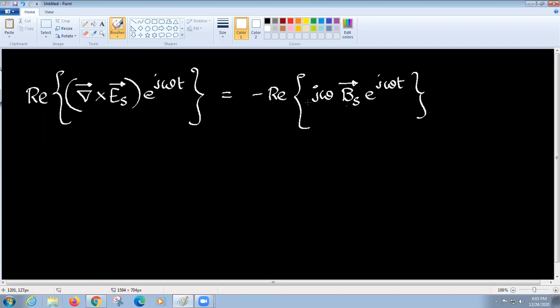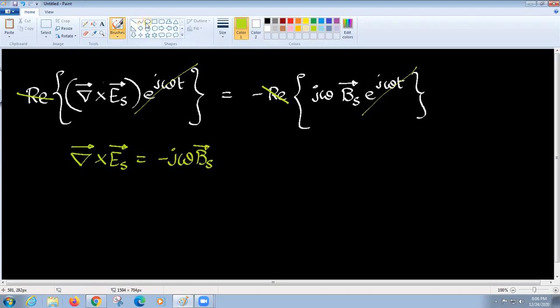Once you simplify, there is nothing to do with e power j omega t, so just cancel it out. And there is nothing to do with the real part either, so rule that out as well. Now what are you seeing here? Simply curl of Es is equal to minus j omega Bs.